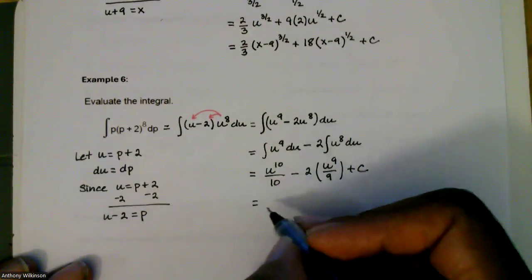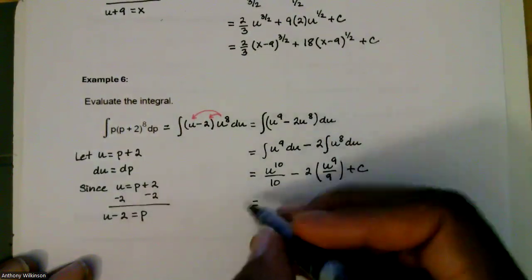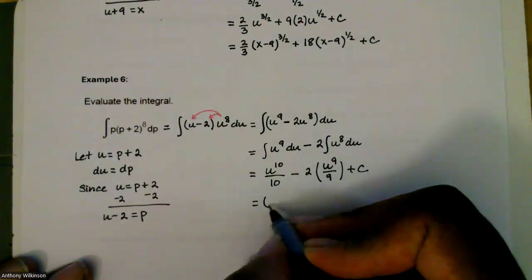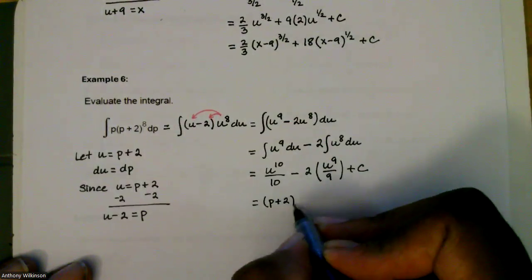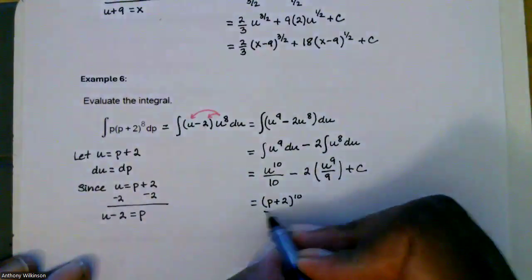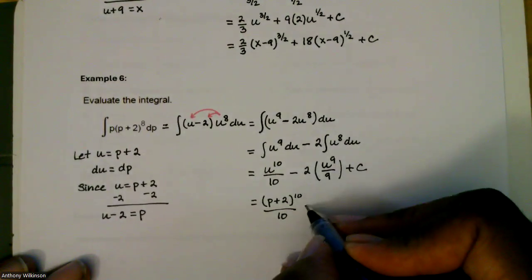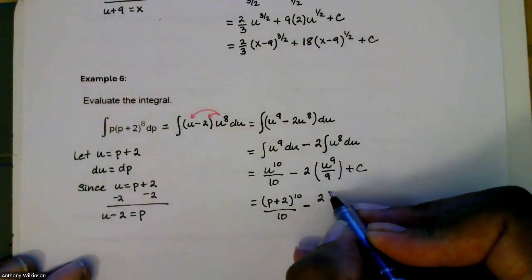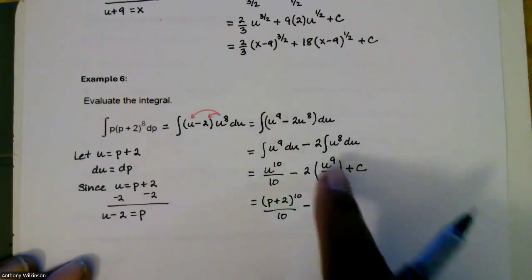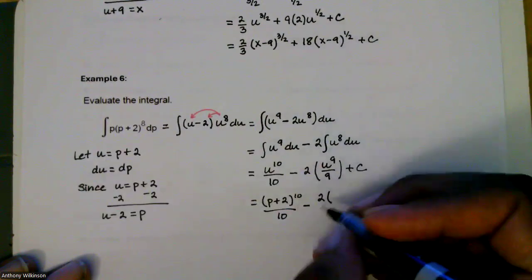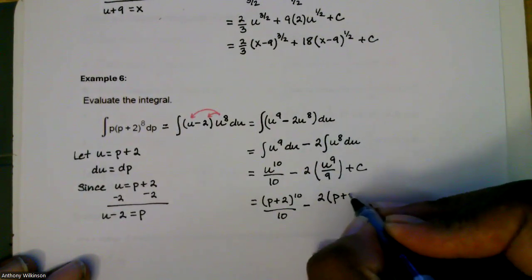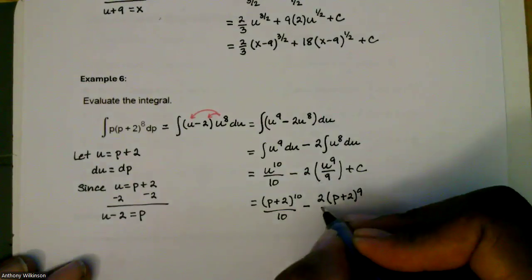Okay? Now let's do the back substitution. We let u equal to p plus 2. So this will be p plus 2. That quantity is to the 10th power divided by 10 minus the 2 will be in the numerator. And now u was p plus 2. So p plus 2, that quantity is to the 9th power.